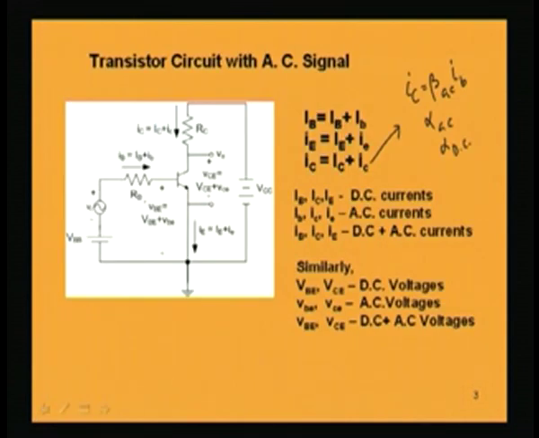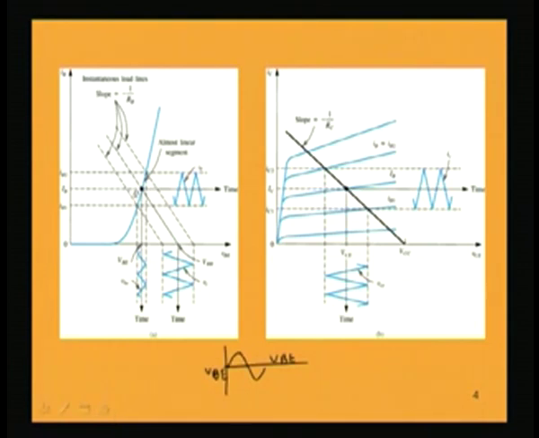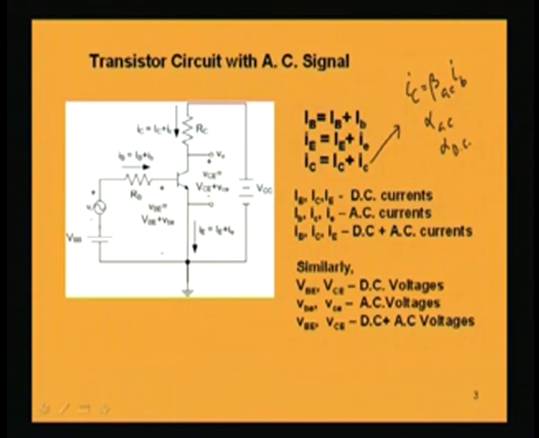So, for a constant RB, if we want to draw the load line, we take the maximum point of the base to emitter voltage, and the maximum point of IB, which happens when you make VBE 0.